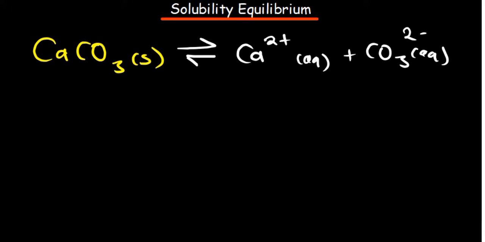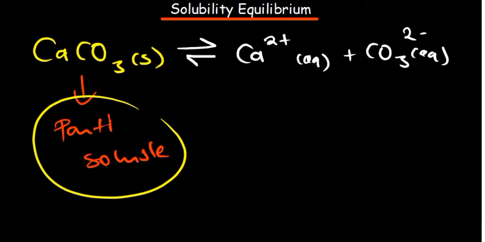So solubility equilibrium is a chemical equilibrium where we have a solid that is partially soluble. In our solution there will still be solid present, as well as the ions. That means the rate of the backward reaction is equivalent to the forward reaction.